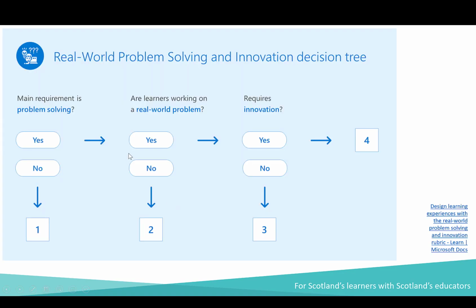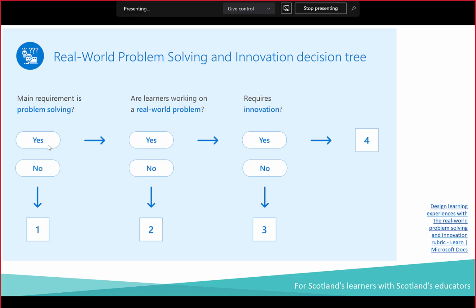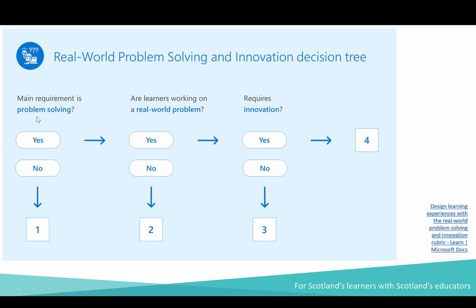But what I really like about this as well is that you can then go off and have a look at the problem solving. So are my young people problem solving? Are they having to problem solve, or have I given them the problem and provided them with everything that they need to solve it? If the answer is I gave them everything, then actually they're not really solving anything, and that is level 1.